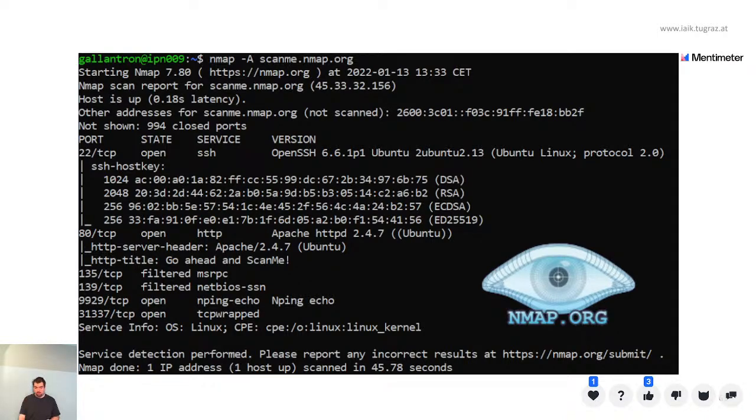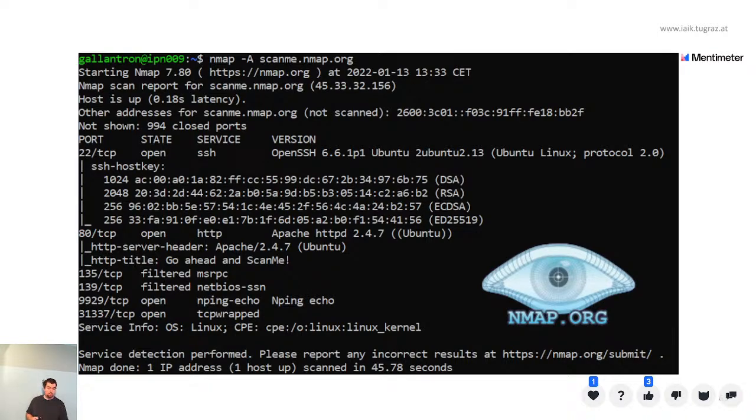Nmap can figure out that port 22 is open, and it even tries to establish a connection on port 22 and figures out SSH key sizes supported. So it figures out that these 4 keys are offered, and presumably that means that the server accepts these 4 algorithms. So we can, for example, easily have a look and say, oh yes, this is a known insecure SSH algorithm, I can now break into the server.